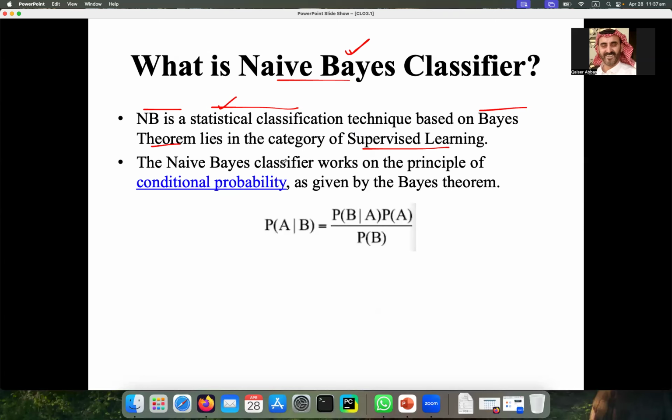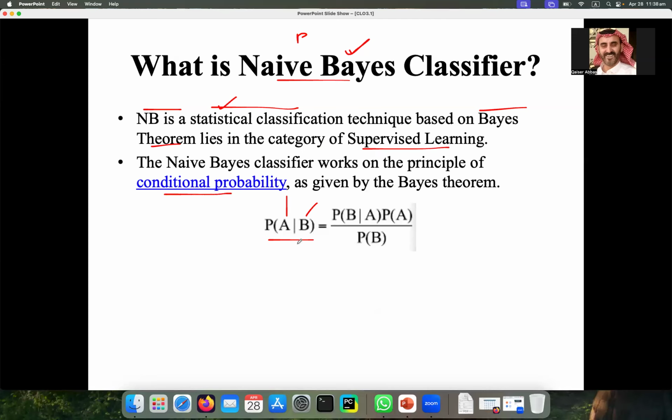For example, you have to find the probability of event A given B. So probability of A given B means B is given. Due to that given, we normally call it conditional probability.